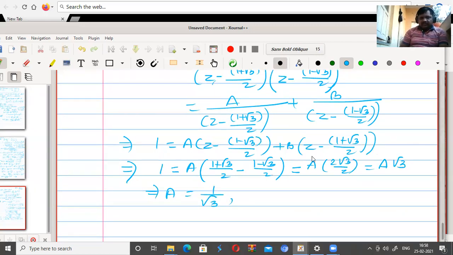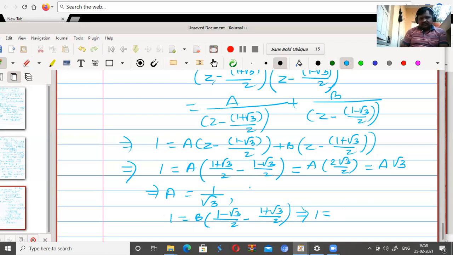Similarly, to obtain the value of B, we will put z equal to 1 minus root 3 upon 2, so that the coefficient of A becomes 0. It implies 1 equal to B into (1 minus root 3 upon 2 minus 1 plus root 3 upon 2), which implies 1 equal to B into (1 minus root 3 minus 1 minus root 3).